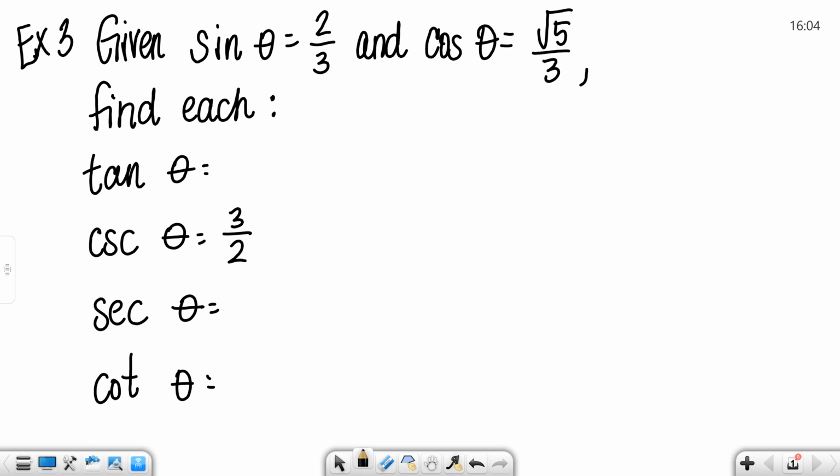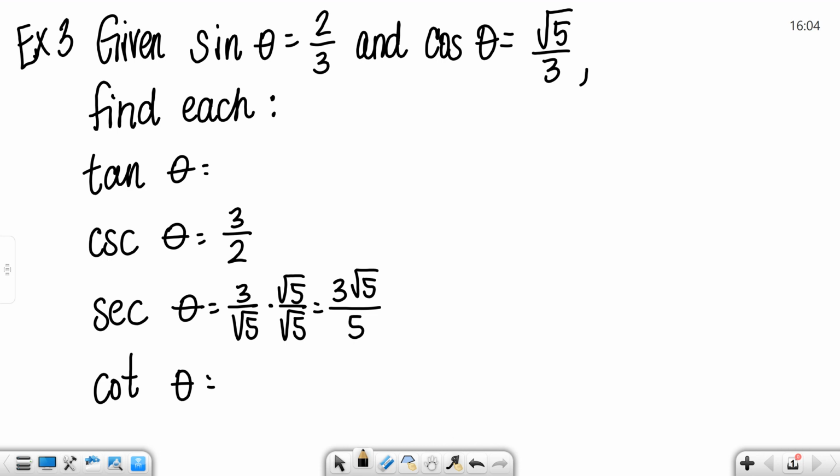So if I take cosine and flip it over, I will have my secant. Now, can't leave a square root in the denominator, so we will rationalize. So I get 3 times the square root of 5 over 5, because square root of 5 times square root of 5 is square root of 25, which is 5.